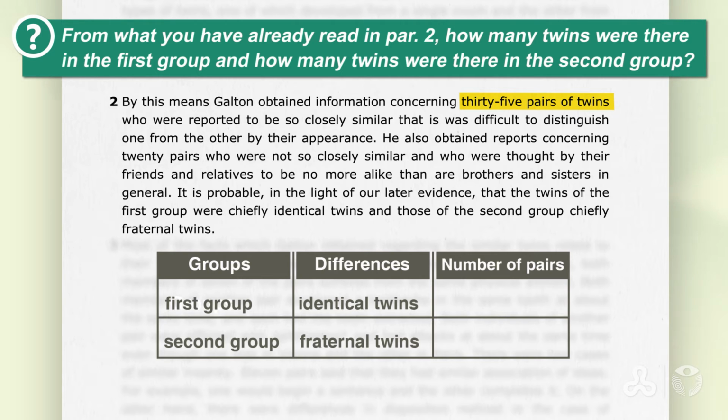He also obtained reports concerning 20 pairs who were not so closely similar and who were thought by their friends and relatives to be no more alike than our brothers and sisters in general. And he also, of course, in the second group, studied twins that looked like regular brothers and sisters. So now we have the numbers for both groups. The first group, of course, had 35 pairs of twins, and the second group had 20 pairs of twins.